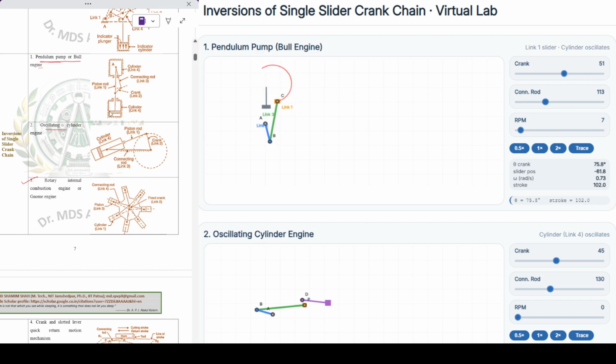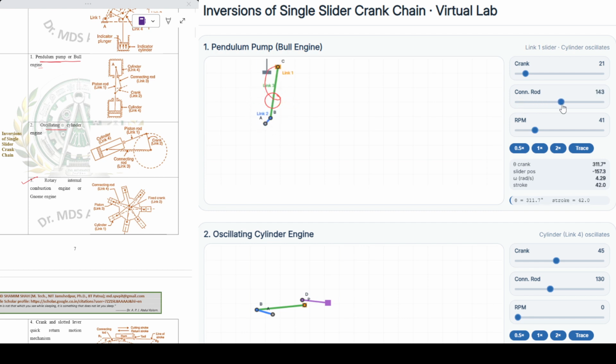Now in the line diagram in the notes it is given on the bottom side, but the mechanism remains the same. Just change the crank length. Make the RPM a little higher. See the circular motion path made by this pendulum. C is our piston, doing up and down reciprocating motion.